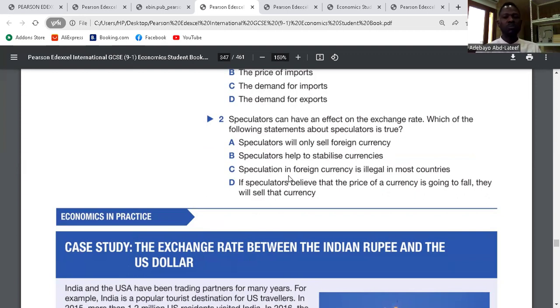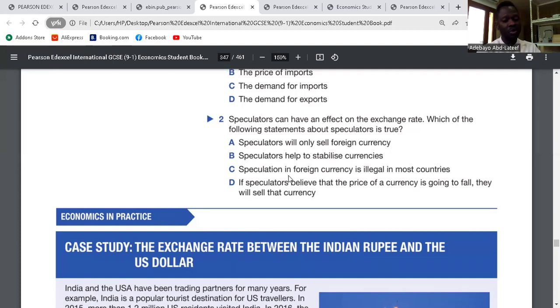If speculators believe that the price of the currency is going to fall, they will sell the currency. Correct. That's speculators for you. The answer was B.